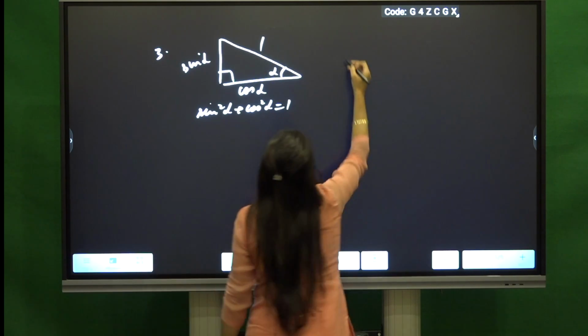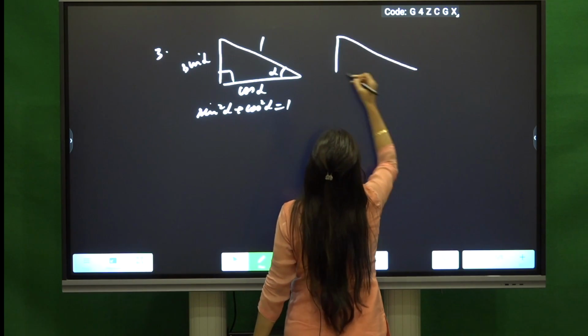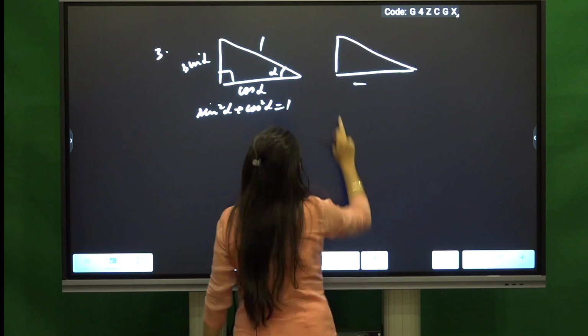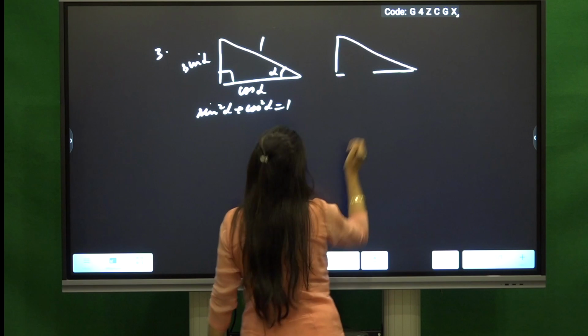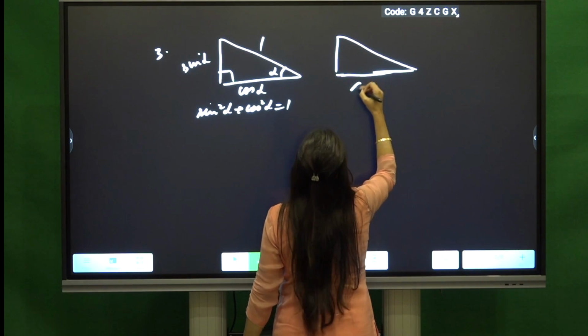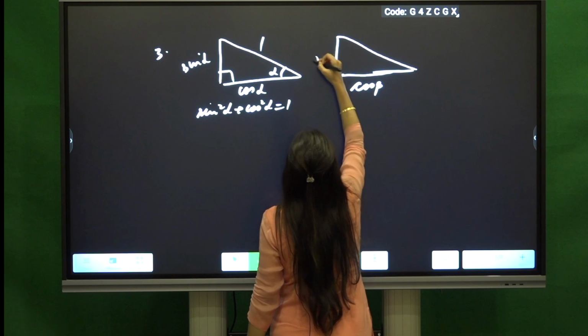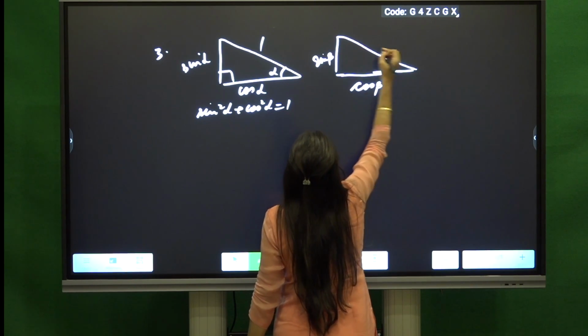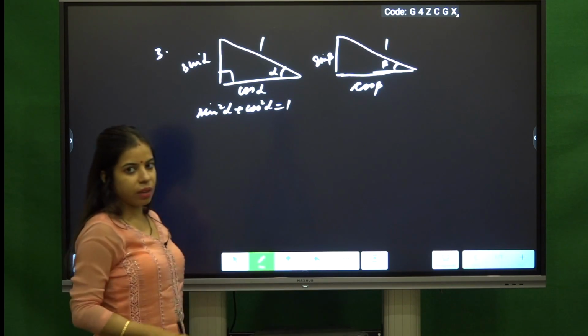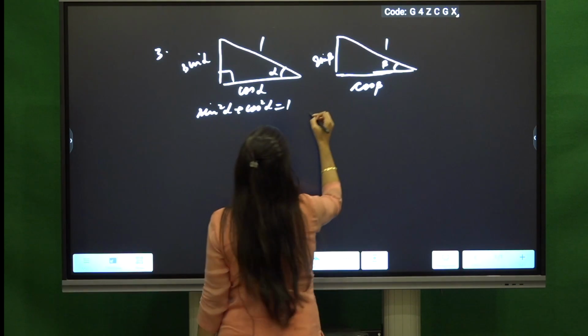So, this will become 1. And for the other angle, we have cos beta, sin beta, and this is 1. An angle here is beta. Okay, let me write the given information.